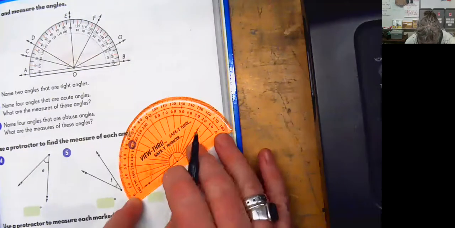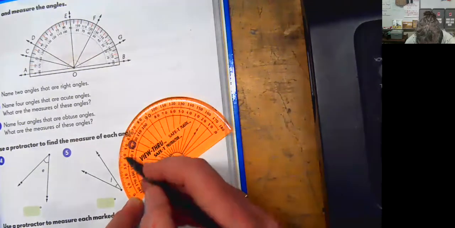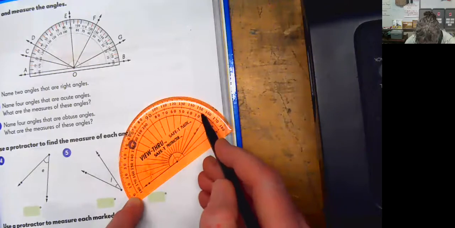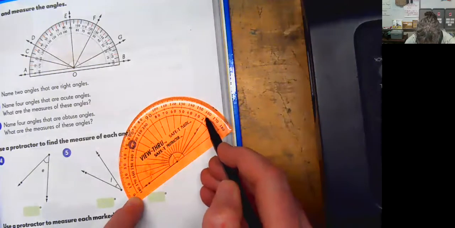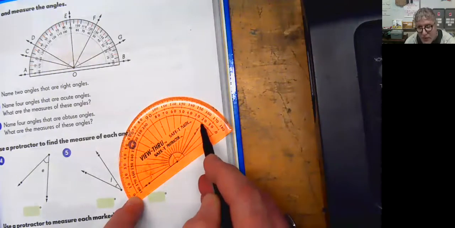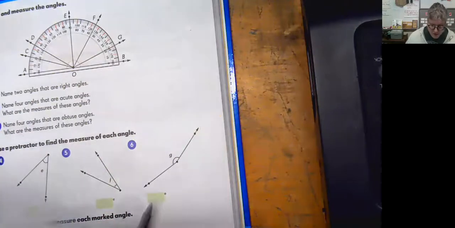And I'm going to start at my 0 scale, right? 0 over here. I go all the way around and it looks like it's 160. It would not be 20 degrees because that would be a tiny sliver. So it's going to be 160 degrees. And that's obtuse.